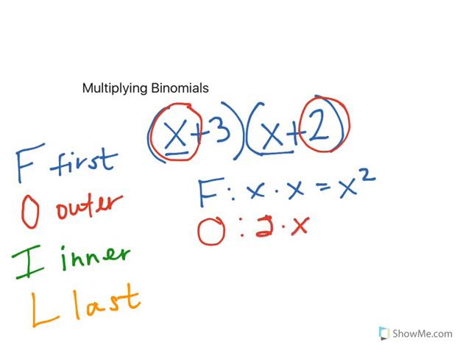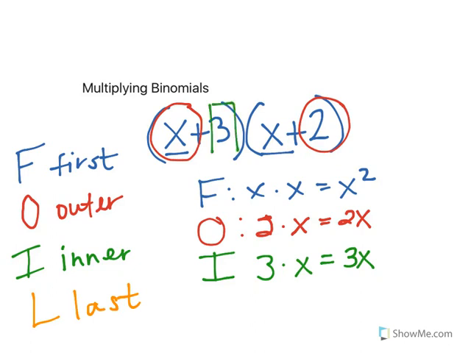The outer term is 2 times x, and that's just going to equal 2x. And my inner term is 3 times x, which is 3x. And then my last terms are 3 times 2, which is 6.